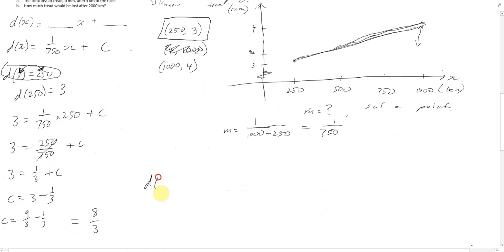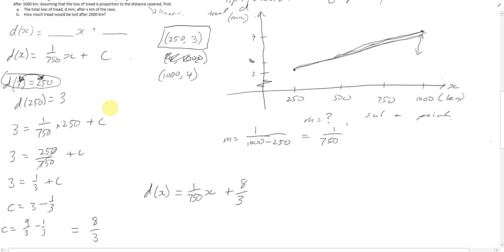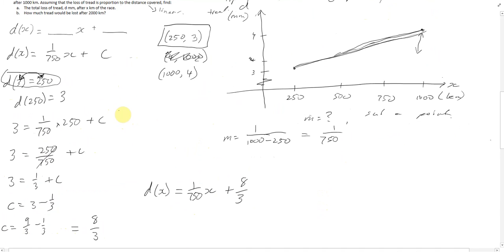Our distance tread for every kilometre is 1 on 750 x plus 8 over 3. There we go, that's question 1. Oh, no it isn't. Oh yes it is. So we read our question again: the total loss of tread, d millimetres, after x kilometres of the race.